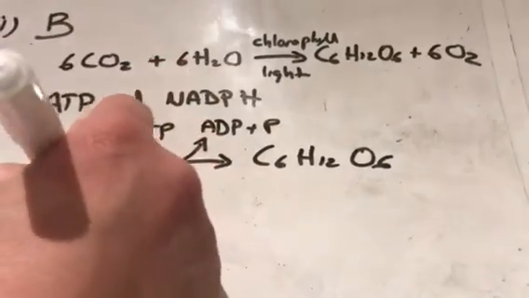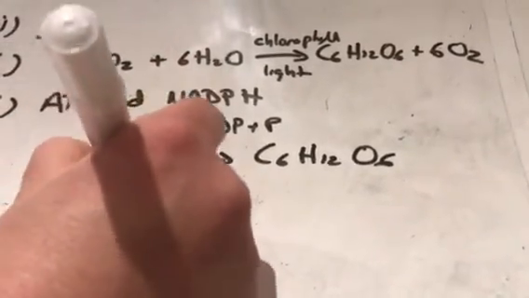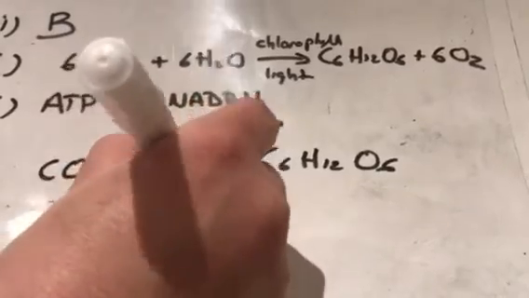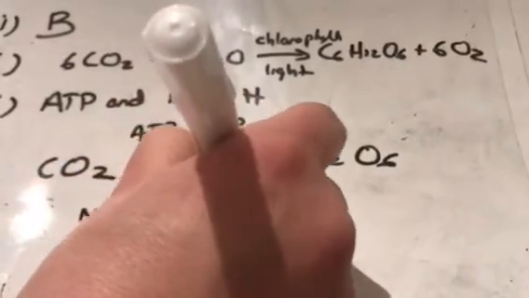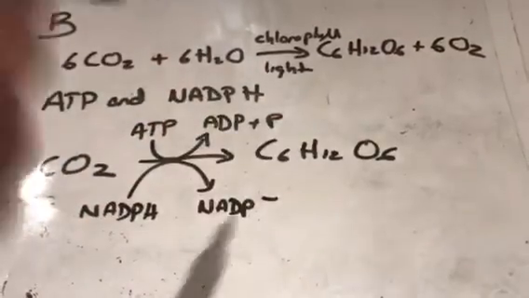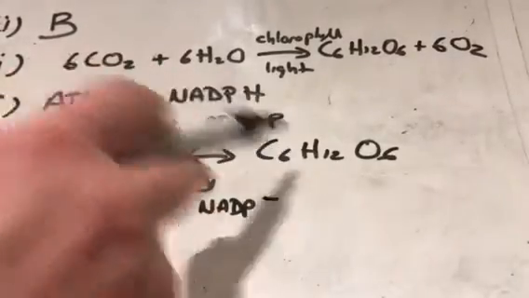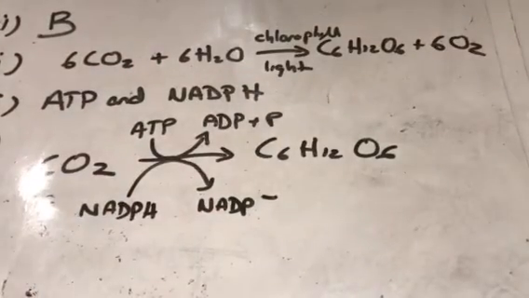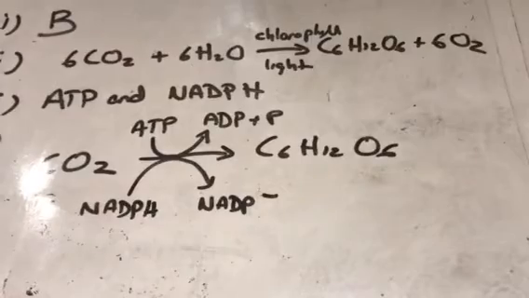Then you have NADPH splitting to form NADP+. Those electrons and protons go into your glucose. I think that's the easiest way to demonstrate how that occurs.